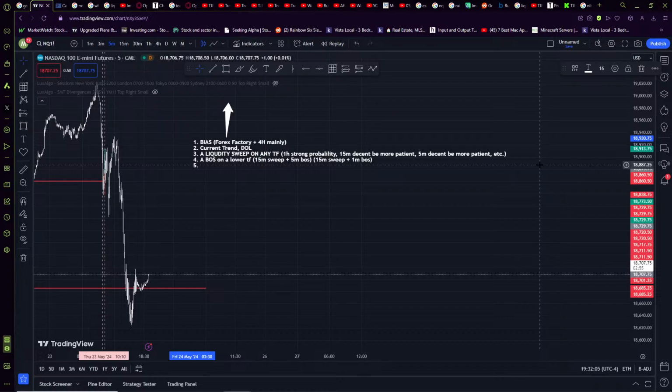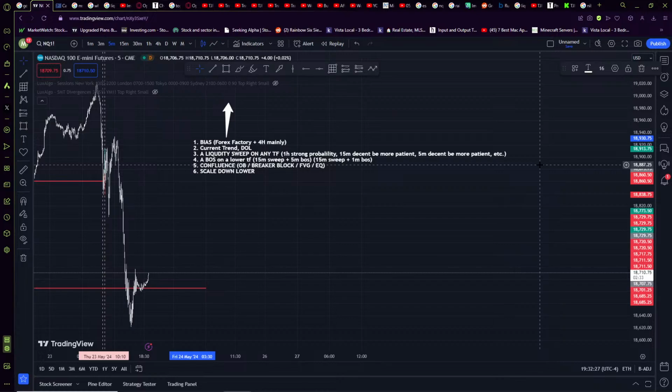Next up, right, we're gonna look for confluence. So that's an order block, breaker block, fair value gap, and equilibrium. Next up, we scale down lower, and we wait either for price to react positively or a break of structure.